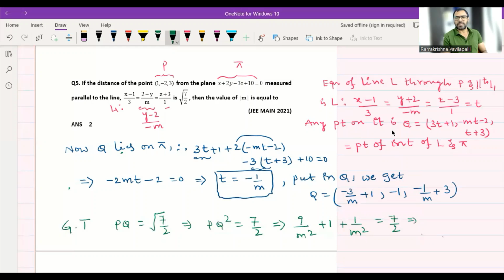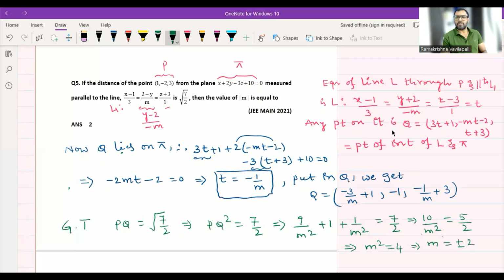This implies 10 by m square equal to, sending 1 that side, you will get 5 by 2. So just after simplification or by cross multiplying, you will get m square equal to 4. So m equal to plus or minus 2.